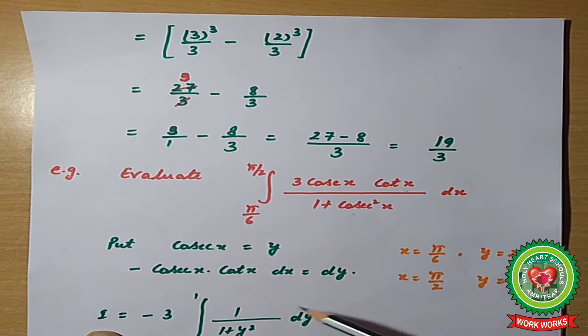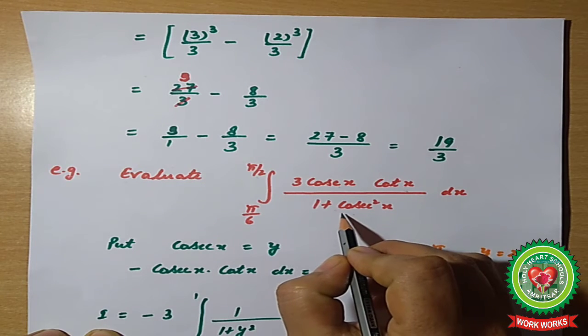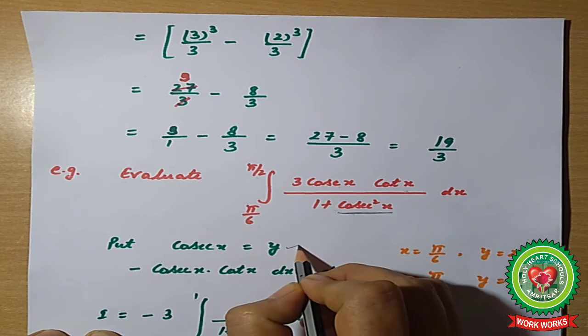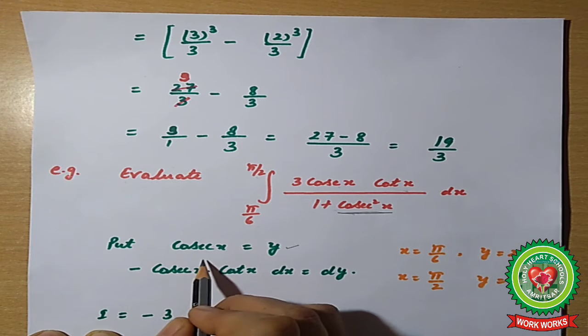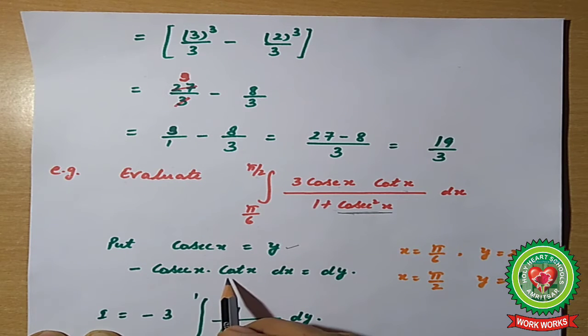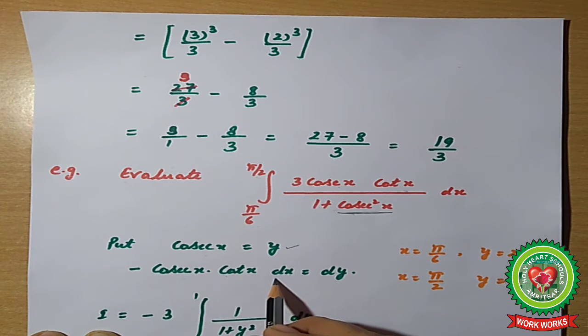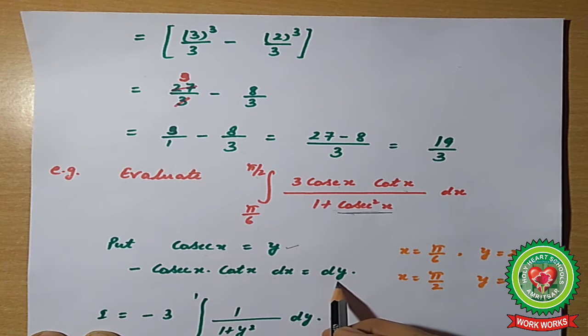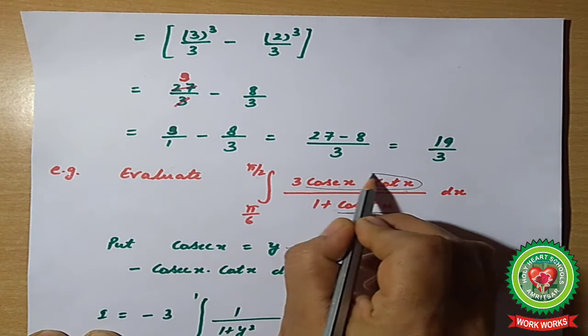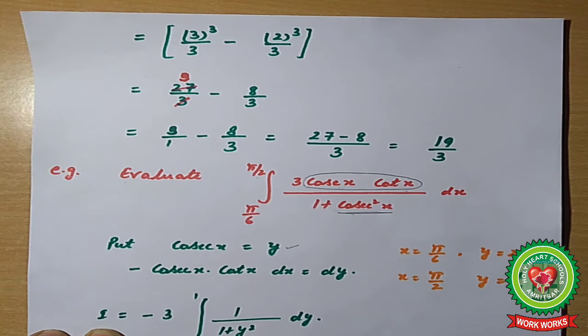Yes, if we substitute cosecant x as y, then the differentiation of cosecant x is minus cosecant x cot x, and dx is equal to dy. Now we have the differentiation in the numerator, cosecant x cot x.